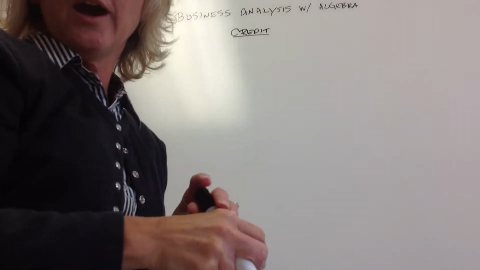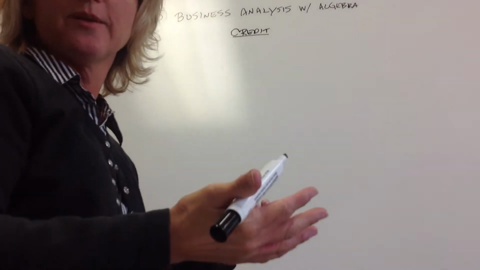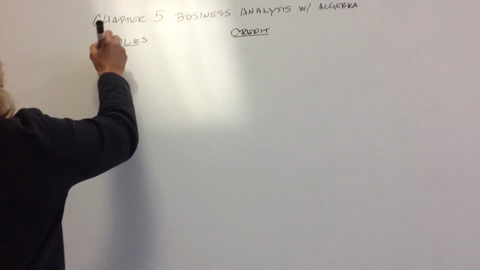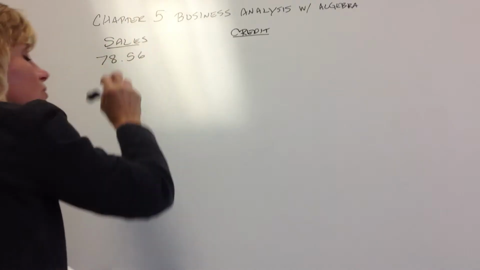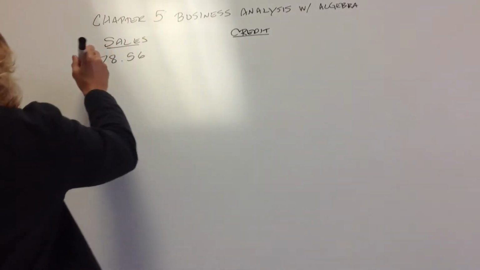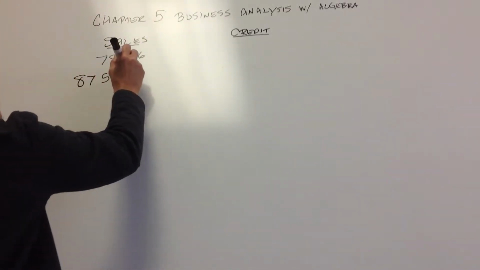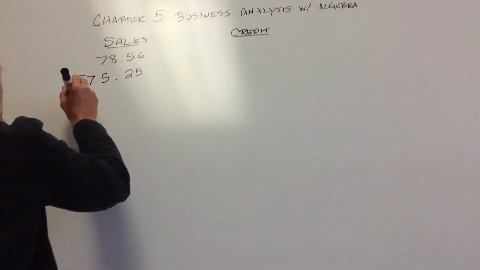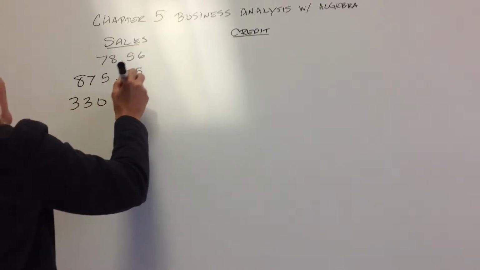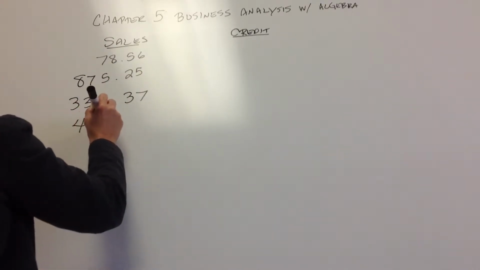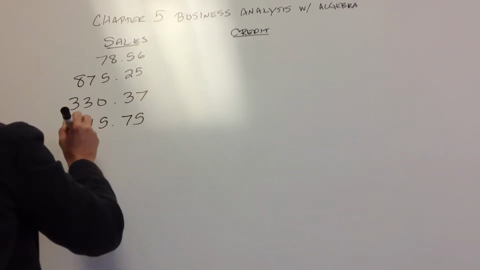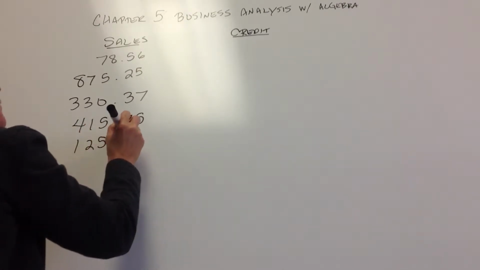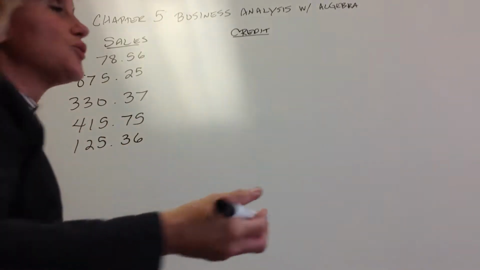And so again, to do something a little bit briefer, we'll just have a few sales, maybe 5. And then we'll have 2 credits.